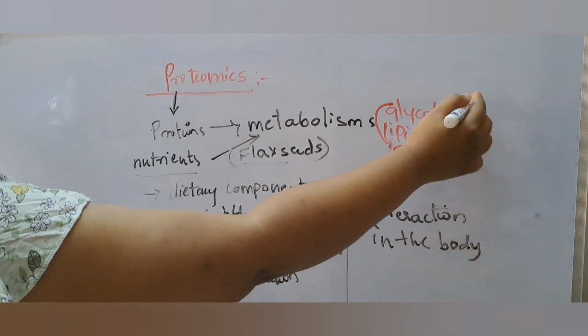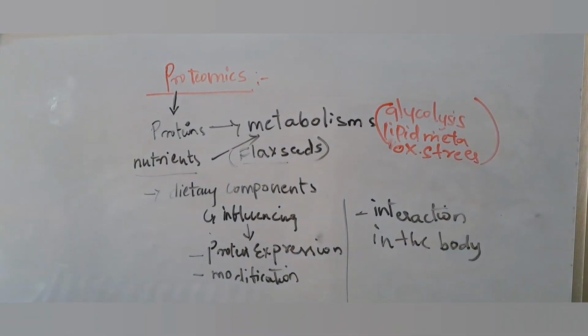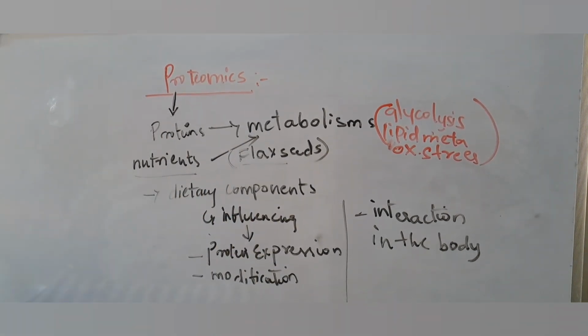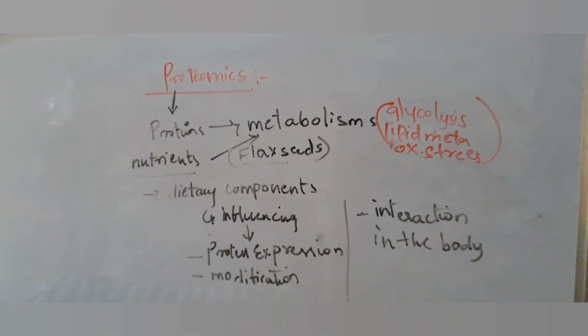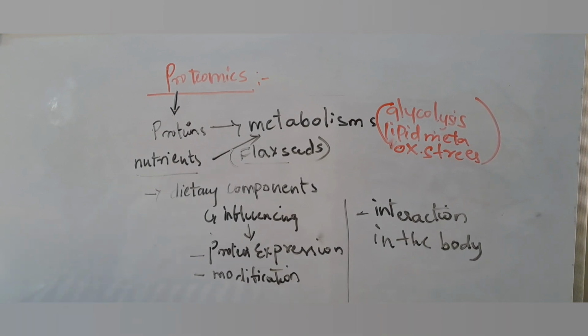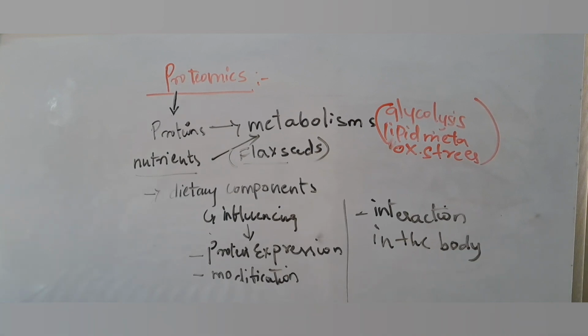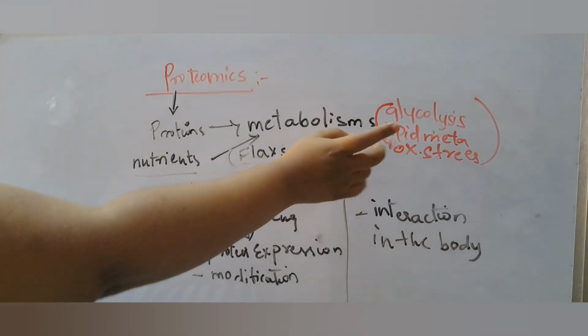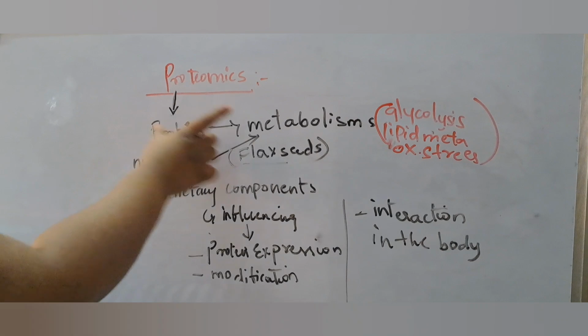As you know, flaxseed is also an antioxidant. What does antioxidant mean? It reduces the oxidative stress which is built up in our body. That's why we have to take antioxidants, which is very important, because cancer has become a very common condition in every human being. So antioxidant-enriched food is very important to reduce oxidative stress. The same thing goes for proteomics also.